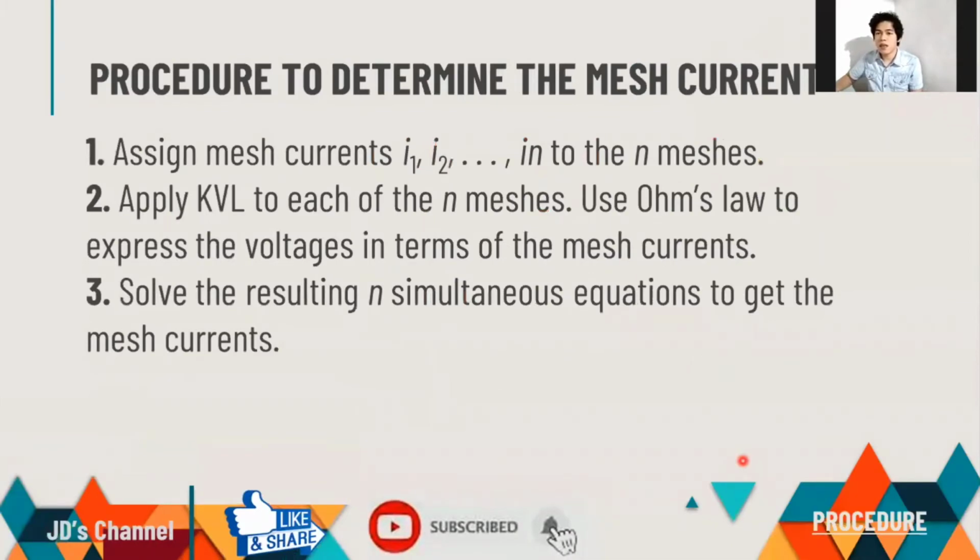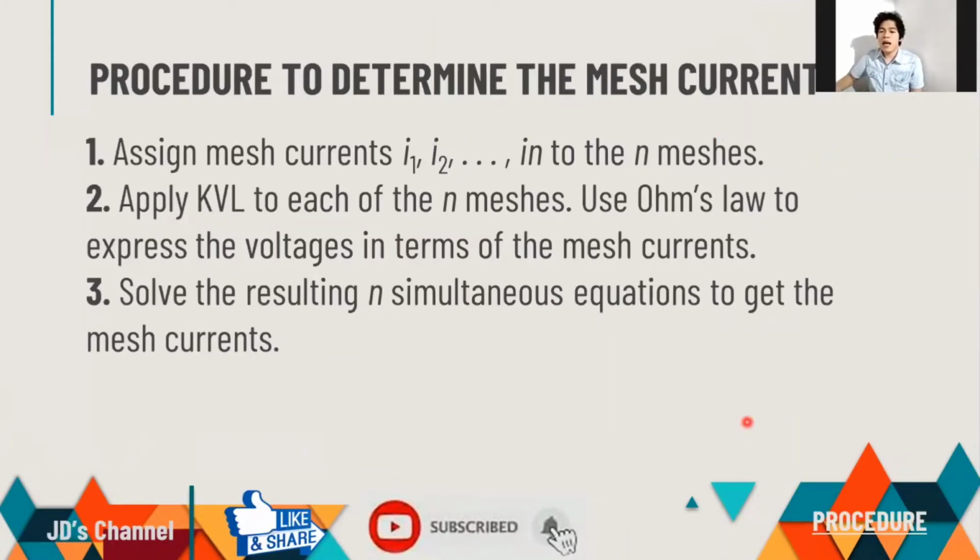So, before tayo mag-go sa ating problem, we must follow this procedure para di tayo magkamali. Unang-una, assign mesh current, I1, I2, hanggang ilang bang loop yun, into the n meshes.